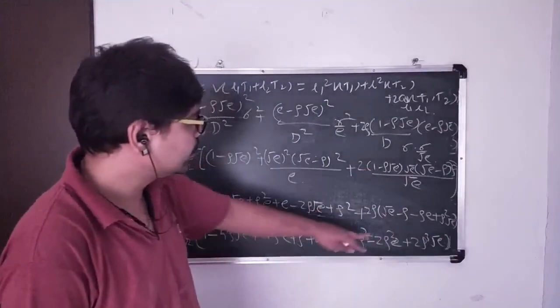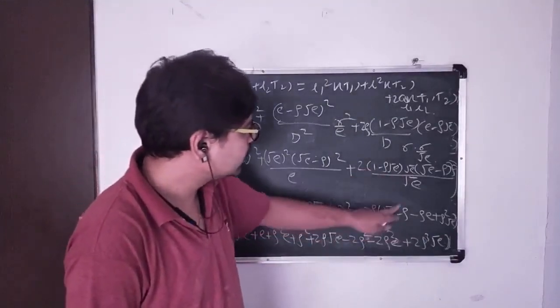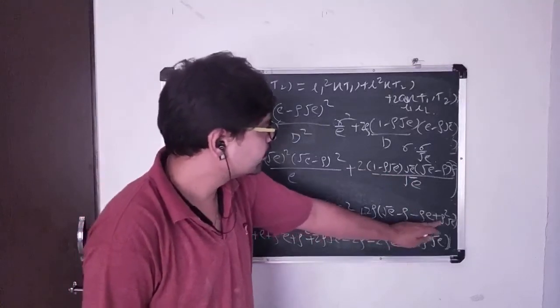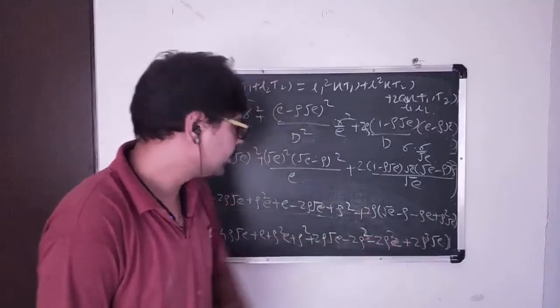We have got root E minus rho minus rho into E plus rho square into root E multiplied by 2 rho.